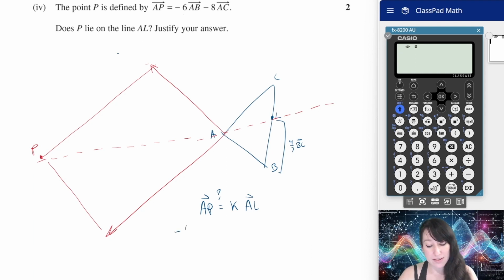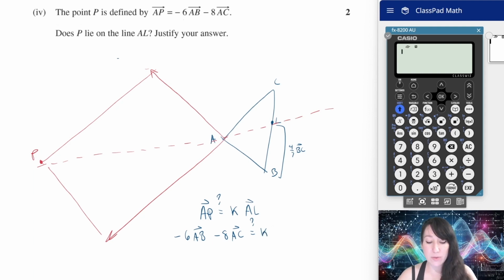AP is -6 AB minus 8 AC. And we want to know if that is equal to a scalar times AL. Now AL, we know, is AB plus 4/7 BC. Now, let's see if we can get this down to the same two vectors on both sides.